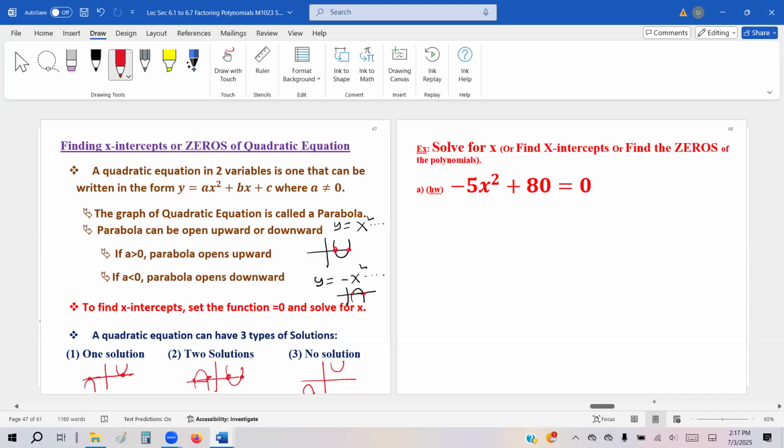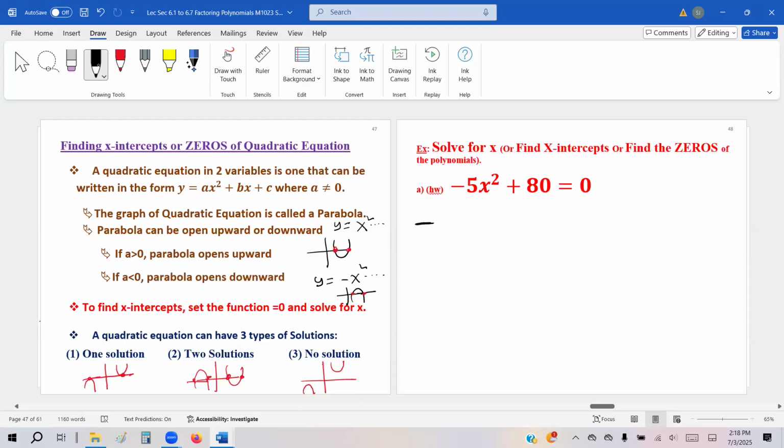So what do you observe? Negative 5x squared plus 80. Let's see. If you ignore the equals 0, you have only negative 5x squared plus 80. What are you supposed to do now? Factor. So your polynomial started with a negative. Do you like negative? So you have to factor out a negative.